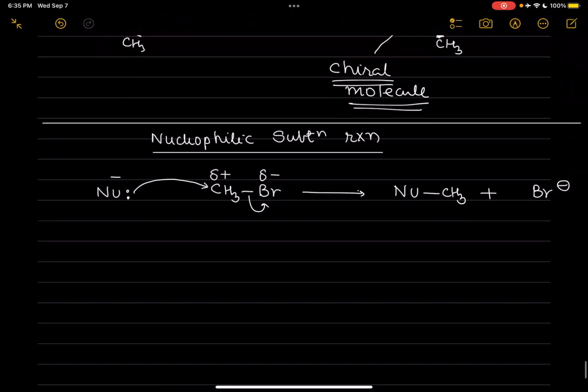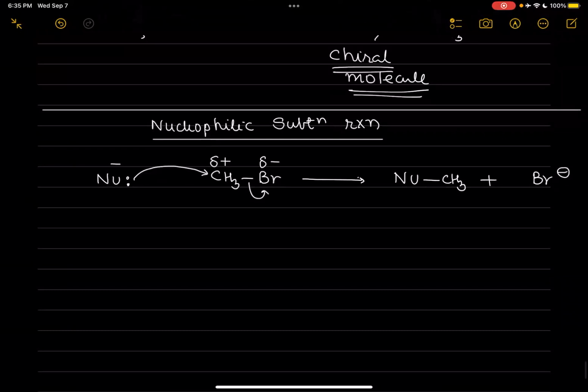So there can be two ways. That's what we discussed, Anushka. What were the two mechanisms for nucleophilic substitution reaction in terms of sequence of arrival of nucleophile and departure of leaving group? So it was SN1 and SN2. Yeah, SN2 and SN1, right?